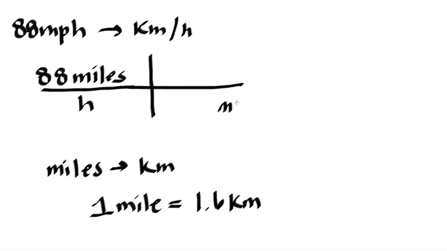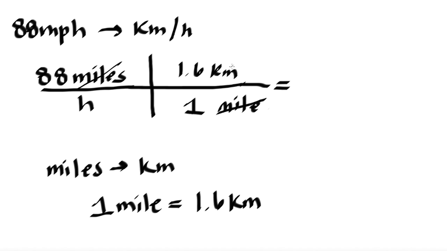All right, so what we'll do here, just like we did before, if we want miles to cancel out, we put it on the bottom. Miles, or technically that should be mile, because we are just going to have one of them. For every 1 mile, there is 1.6 kilometers. So now miles and miles cancel out.